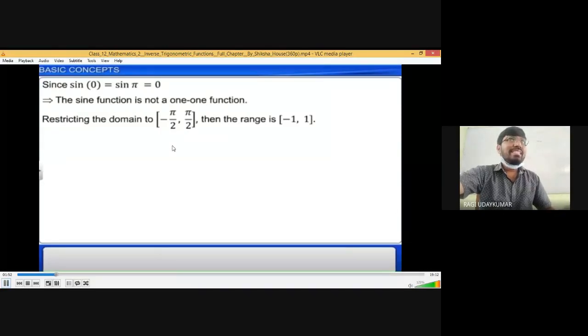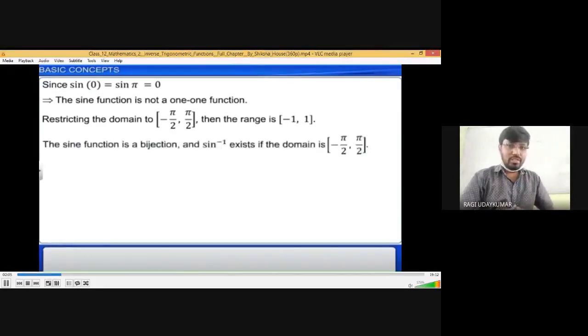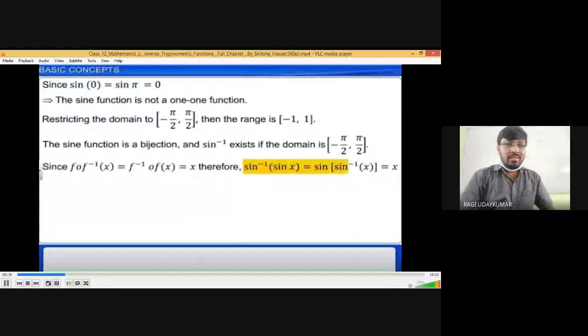So we will restrict the domain to minus pi by 2 to plus pi by 2, which is nothing but the fourth and first quadrant only. Whenever you restrict it, repeated values will not come. So minus pi by 2 to pi by 2 is the domain, and the range is minus 1 to 1.